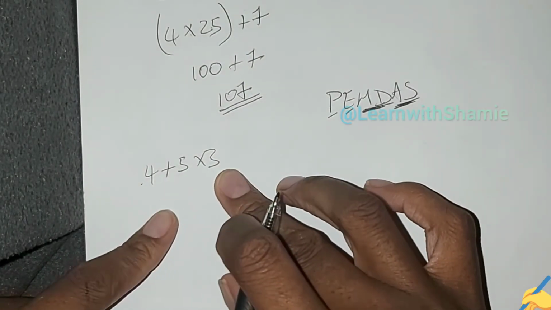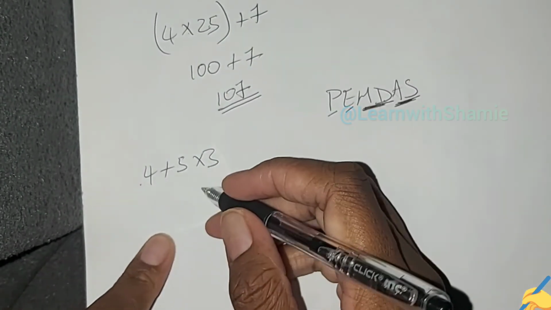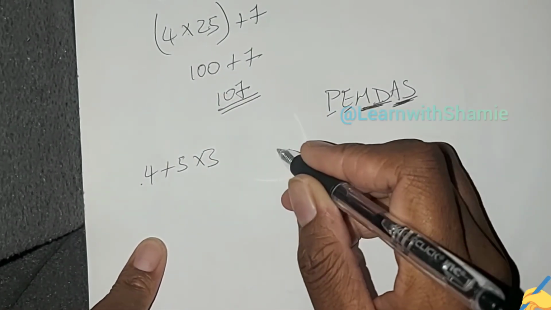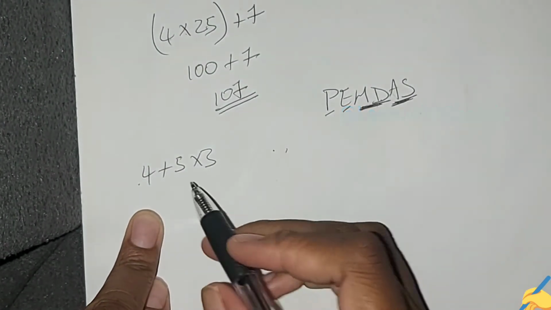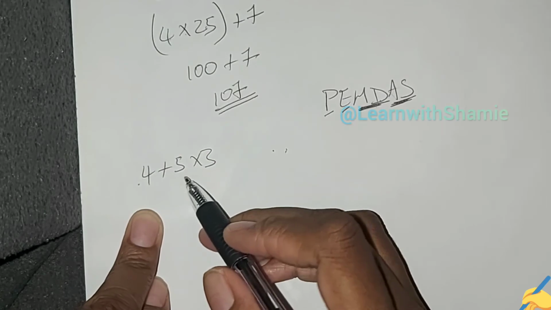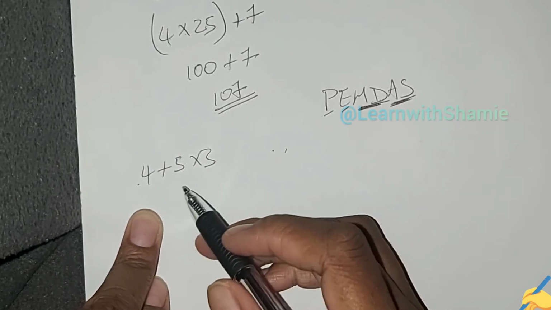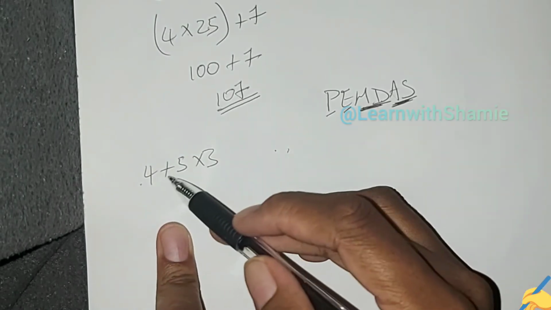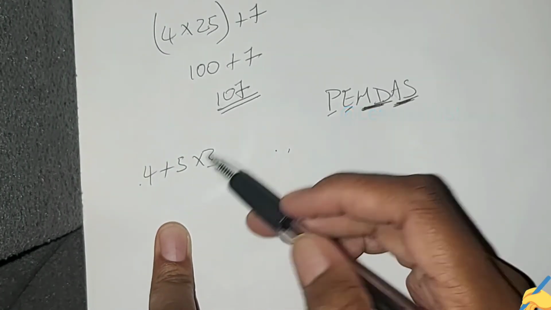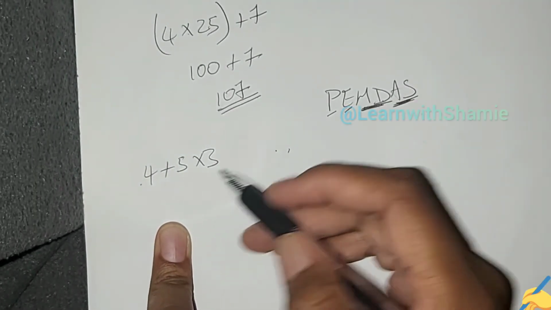Looking at this equation, you should remember that it's the first example I showed you when I started the video. So now we're going to find out if our first answer was right or our second answer was right using the rules. Here we have the operations multiplication and addition in this equation.